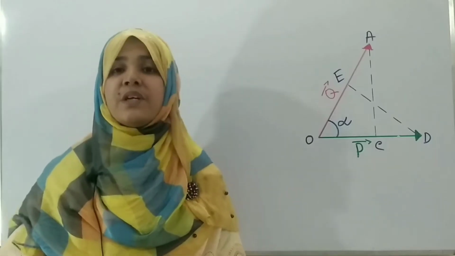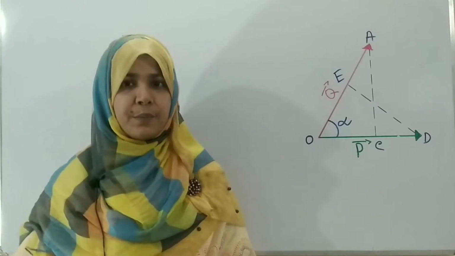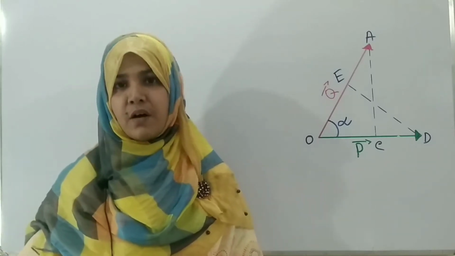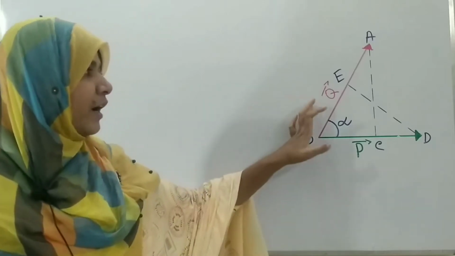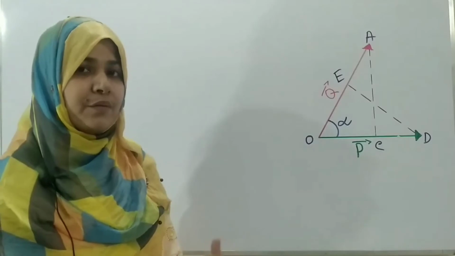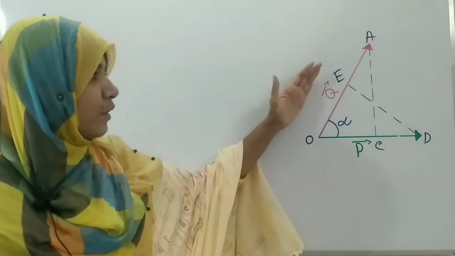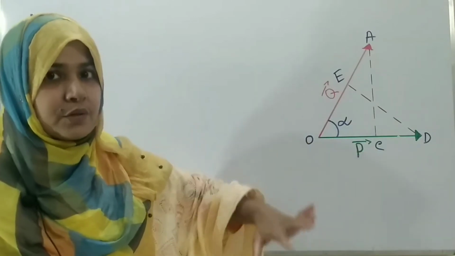Another topic which we can describe with the help of dot or scalar product is projection of vectors. Projection means what amount of one vector is on the other vector, or in simple way we can say that the shadow of one vector on the another vector is known as the projection.